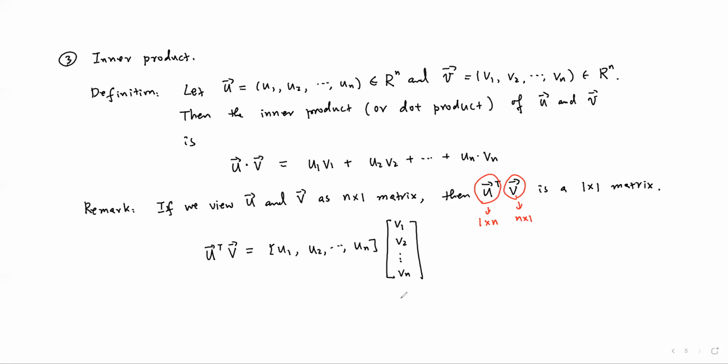Vector v is a column vector, an n by 1 matrix. Now compute this product by the row-column formula. It is u1 times v1 plus u2 times v2 and so on, un times vn. A 1 by 1 matrix.